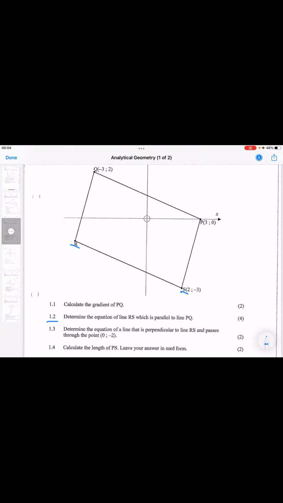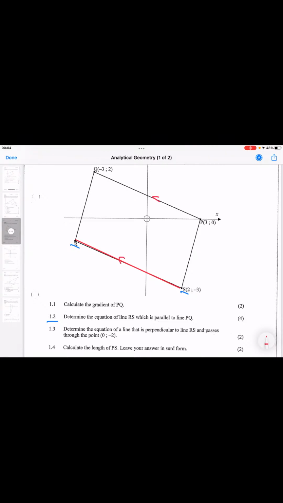Very, very much important. Don't get confused. They are talking about a line RS. So from R to S, this is the line that you need to determine. And they are saying that line is parallel to that line.